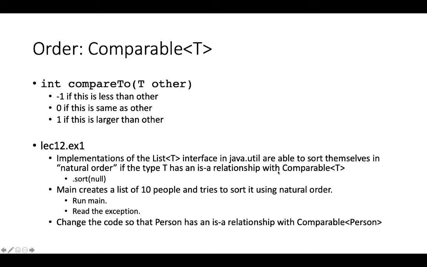So let's start off with lecture 12 example 1, and we're going to create a kind of object that has some sense of being bigger or smaller, and then we'll try to use that object in a list and try to sort it, and then we'll see what it means to implement Comparable.